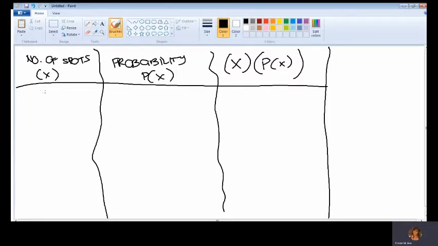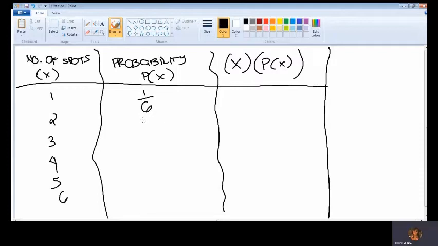Okay, so first, we're going to construct the probability distribution for the random variable x, representing the number of spots that would appear. So that will be 1, 2, 3, 4, 5, 6. Why 6? Because we have 6 numbers of spots. So, the probability of random variable number 1 is 1 over 6 because we have 6 outcomes.